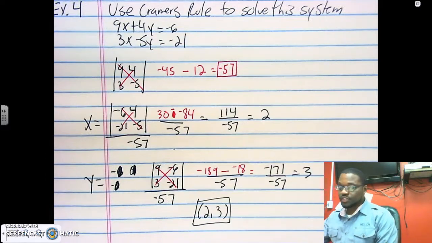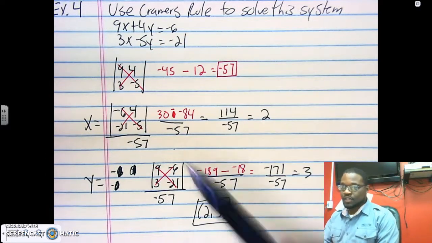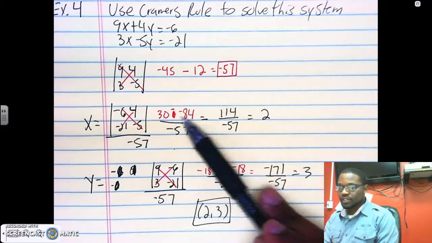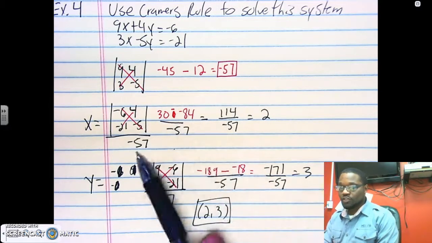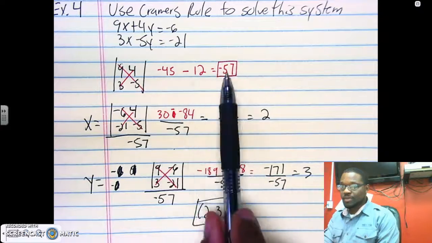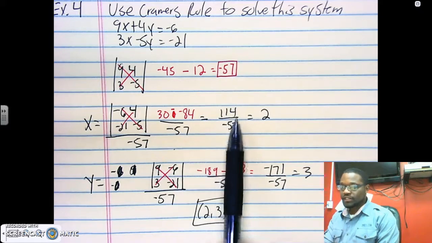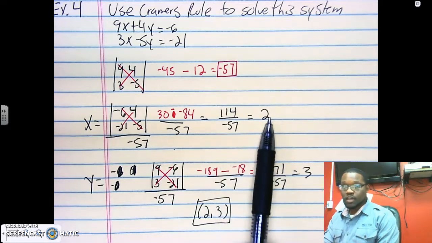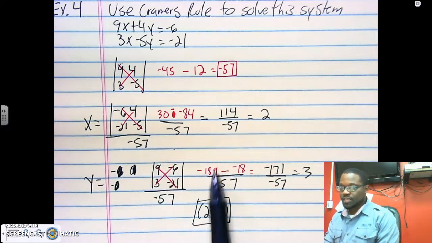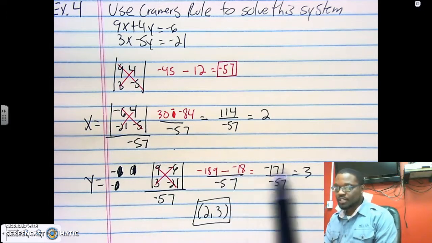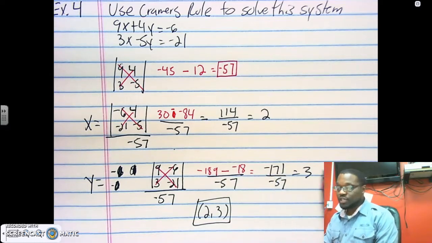Here's the real deal, I went ahead and did it. Cross multiply and cross multiply. You get those and you subtract them over the determinant, over -57. When you add those together, you get 2. Same thing, those 2 times each other, those 2 times each other. You have to subtract, but subtracting a negative becomes a plus, and when you divide those, you get a 3.